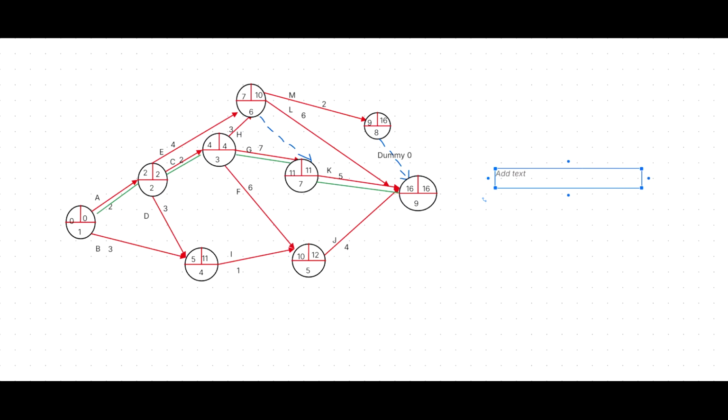Then another question is, can activities B and D be delayed without affecting the entire project completion time? We are going to take the decision for that. What about B? B is not critical, so you can say it can be delayed. Write down the reason: because it is a non-critical activity.